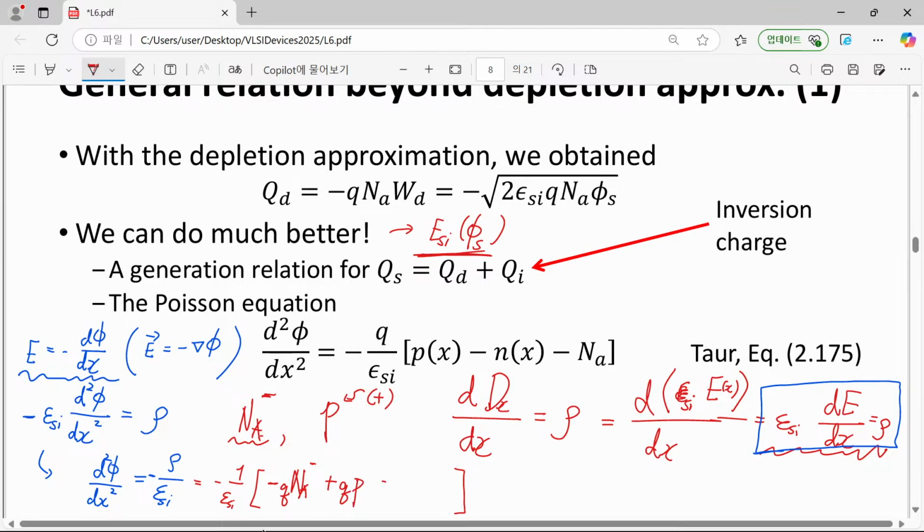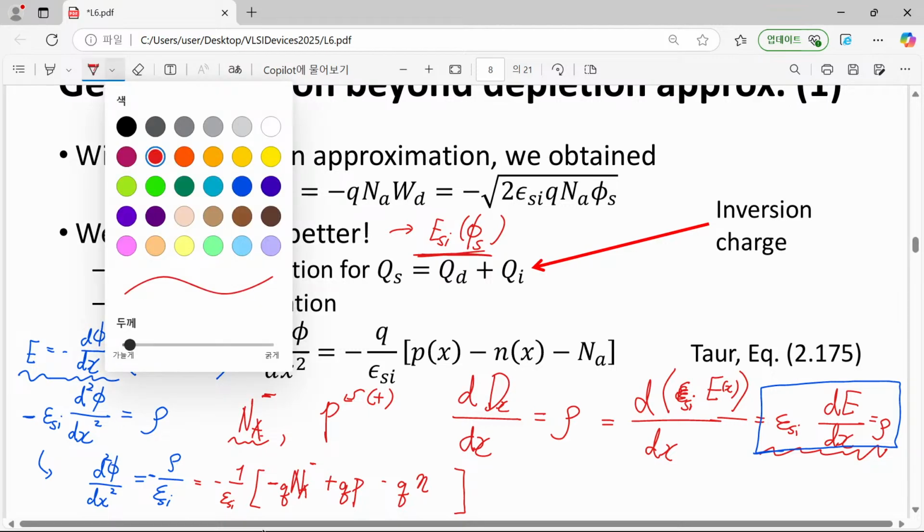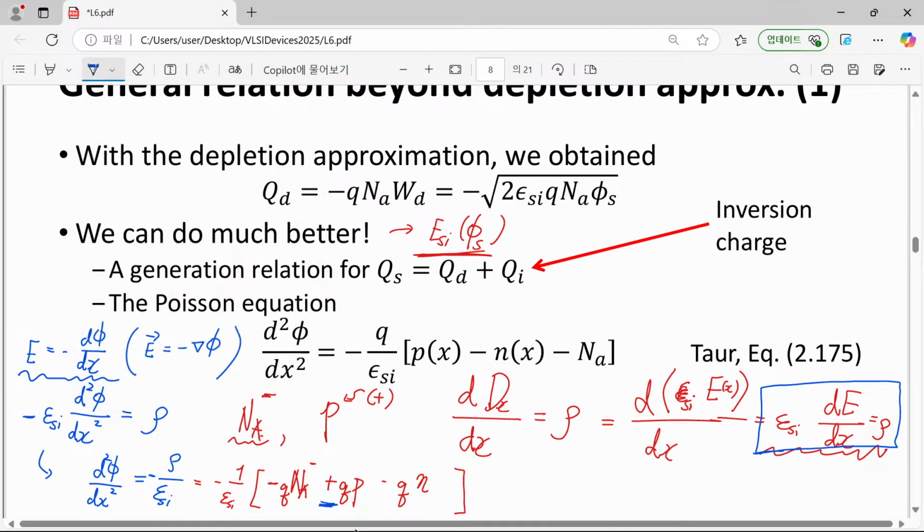And also we can have contribution from electrons. Point is, they have different signs. Please note that they have different signs. For example, in the case of holes, they are charged with a positive Q. And in the case of electrons, of course, they are charged with minus Q.